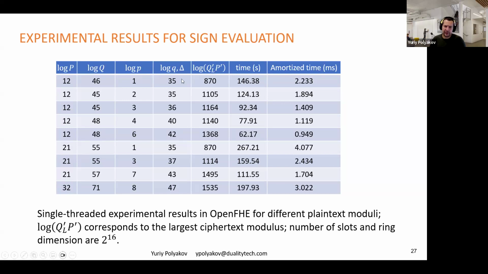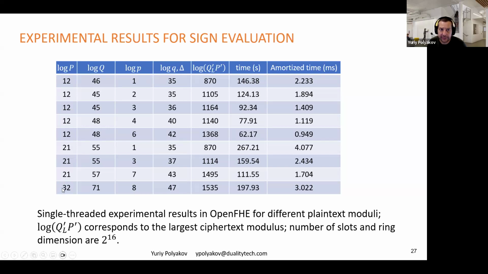The notation is very similar to the previous case. What I would like to highlight is that large P is the full plaintext modulus, and small p is the plaintext modulus for the digit. The rest is quite similar. Let's look at one number in particular.